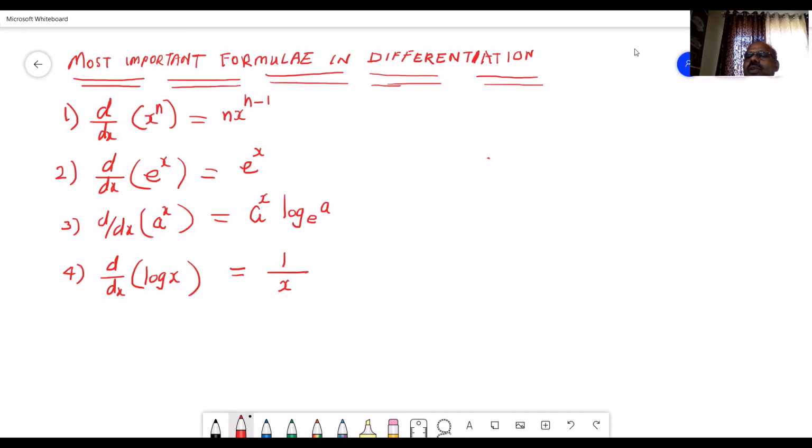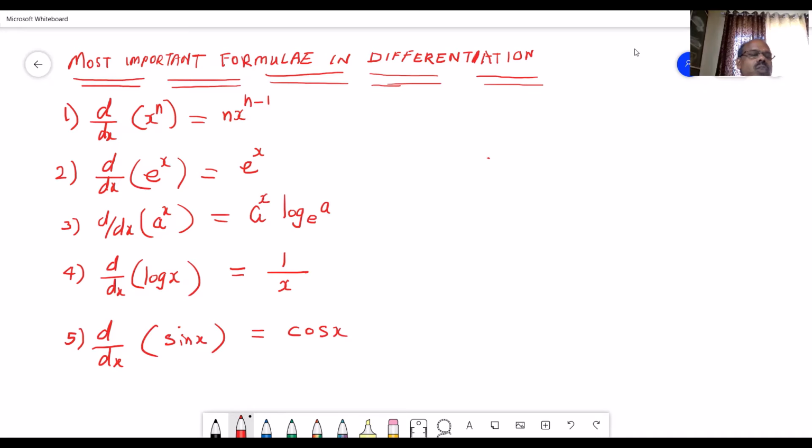Now we will come to the circular functions like sin x, cos x and all. The differentiation of sin x, dy by dx of sin x, is equal to cos x. When we differentiate sin x, the answer is cos x.